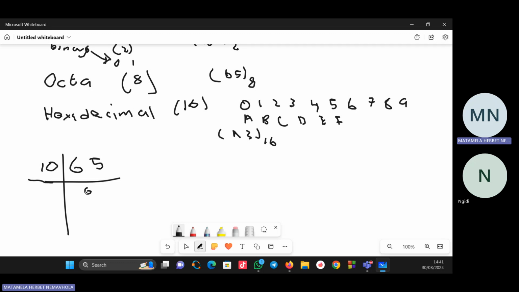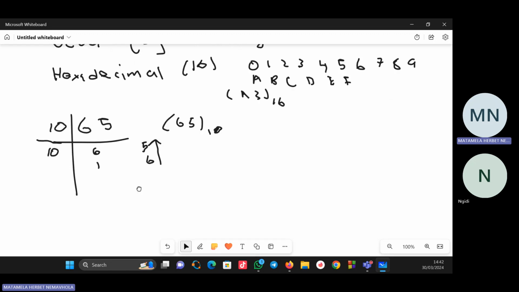It's going to go 6, and the remainder is going to be 5. Then if you divide 6 by 10, you get 0, and the remainder is 6. You read going up this way, and you can see that this is just 65 in terms of decimal. It's the same as what you wrote.